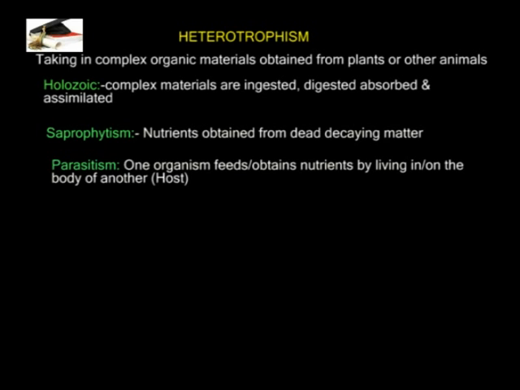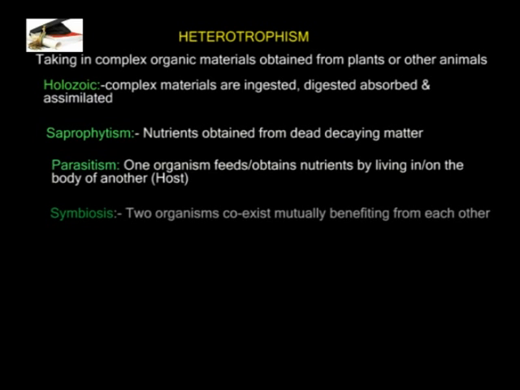This is an association where one organism, the parasite, feeds on or obtains nutrients from the tissues of another living organism, the host. Symbiosis. It is a type of association where two organisms live together and mutually benefit from each other. Heterotrophs are dependent on autotrophic organisms as a source of preformed organic materials.